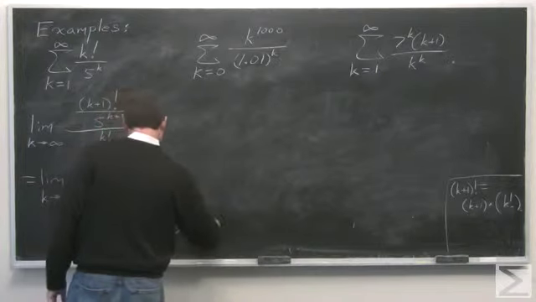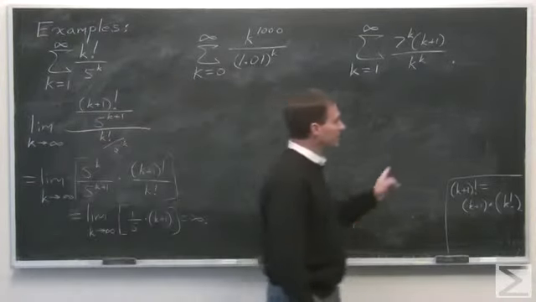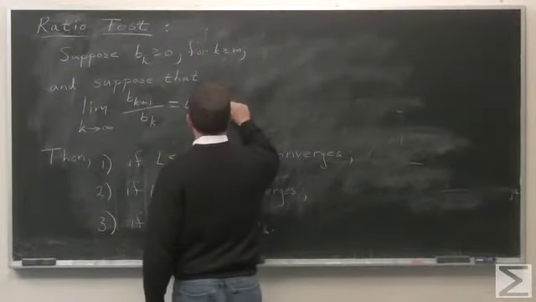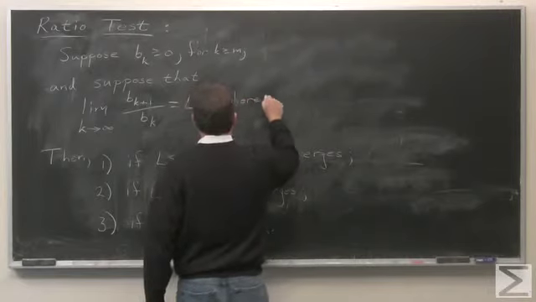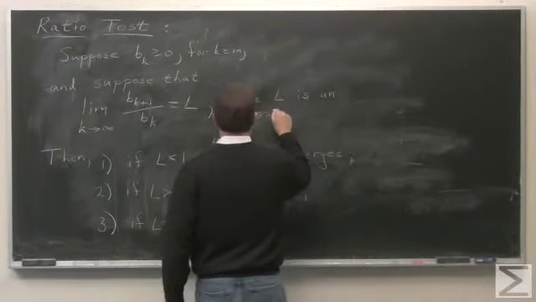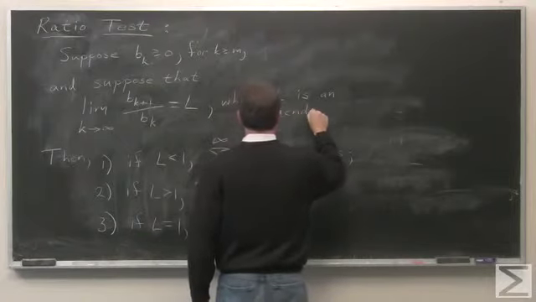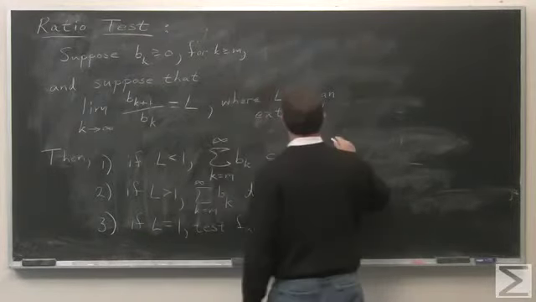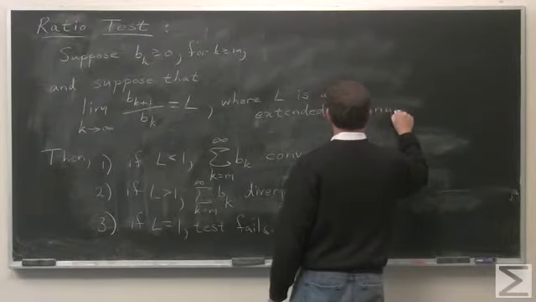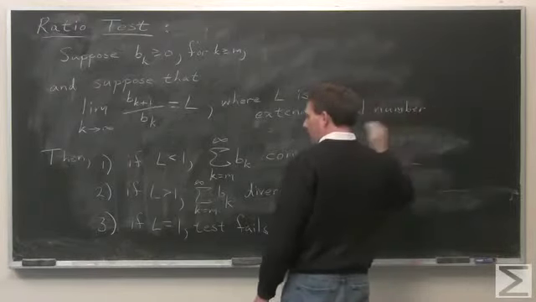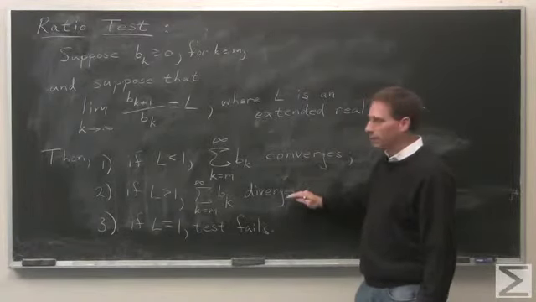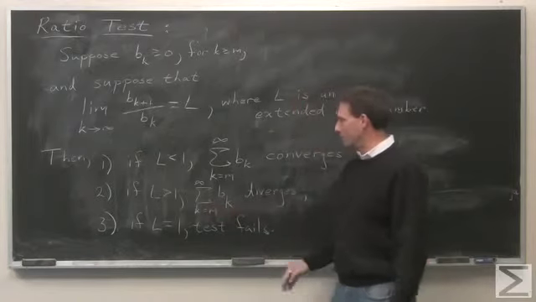This is infinity. And I should have said that in the test. In fact, suppose that L is an extended real number, where we allow infinity here. All that means is it's allowed to be plus or minus infinity. All our terms are non-negative, so it can't be minus. We're allowing for the possibility that it's infinity. That's kind of a stunningly bad case of number 2: if L is greater than 1, the series diverges.